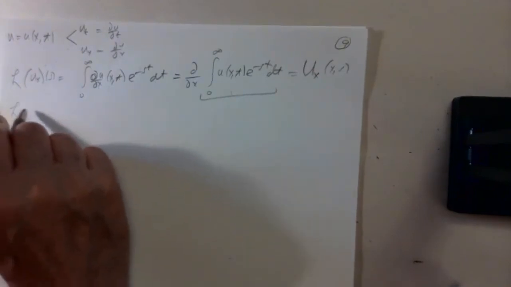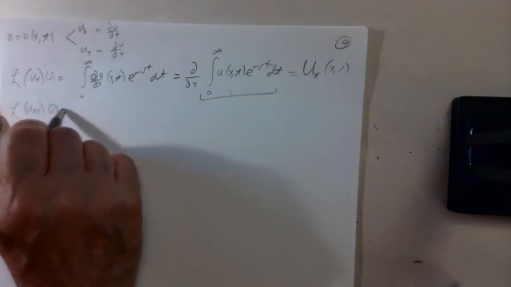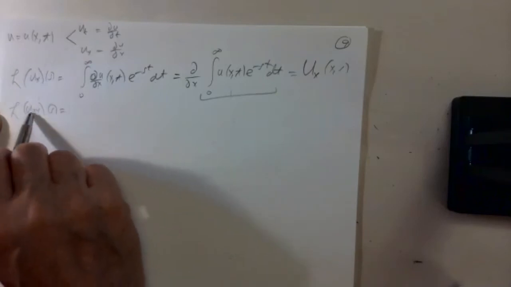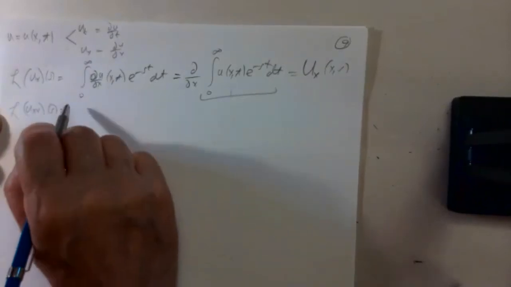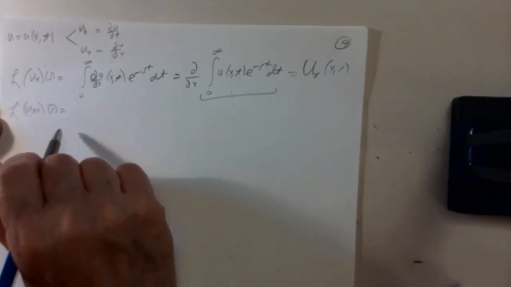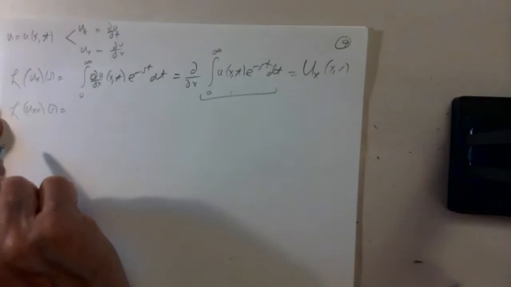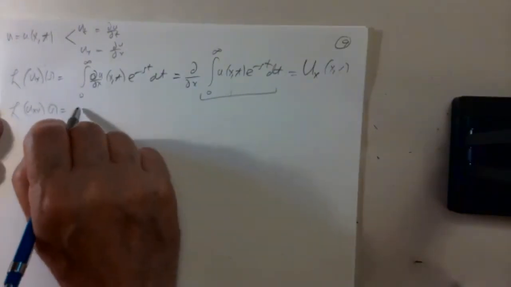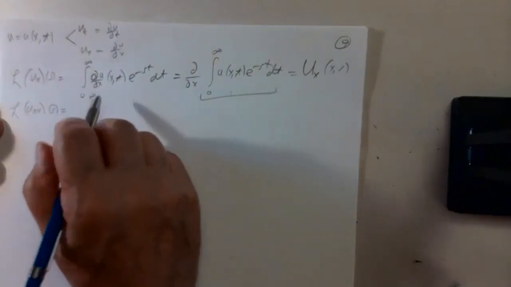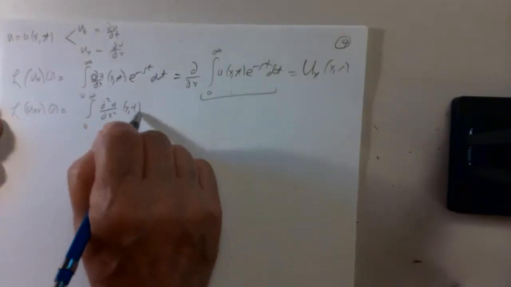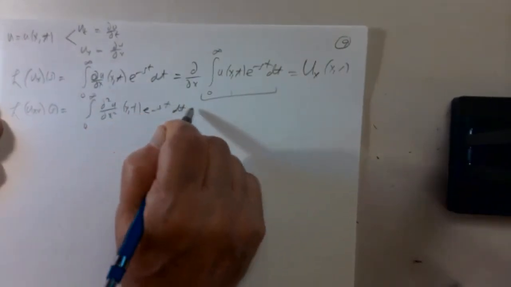And then it follows that if you take the second derivative of u with respect to x, this is like the derivative of the derivative. So let me just do it in 2 steps. This is the integral from 0 to infinity of the second partial of u with respect to x squared of x and t, e to the minus st dt.